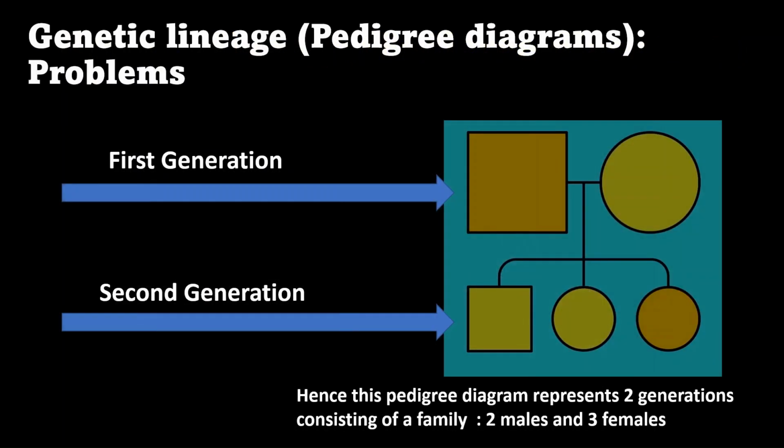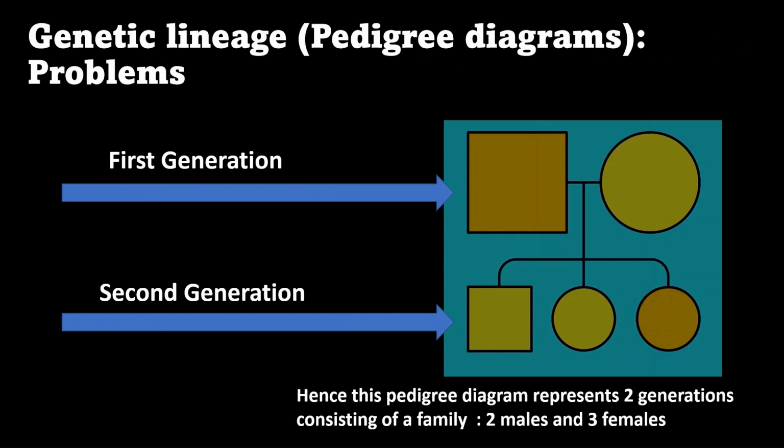So let's look at the situation here. We have a family of five people. There are two generations there. The first generation represents the two parents, the square and the circle. And below them we have three individuals. One is a square, two of them are circles. The second generation represents the children or the offspring.